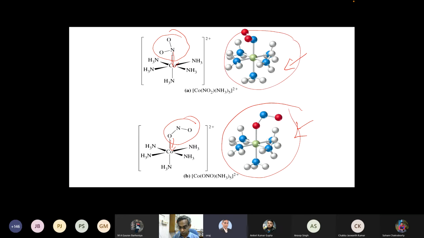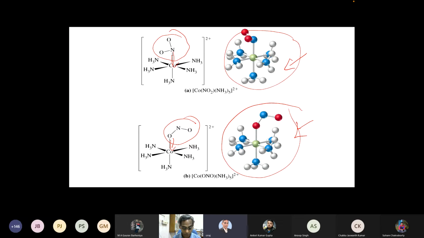This is nothing but isomerism, which you should have studied in classes 11 and 12 in inorganic chemistry, where you came across different types of isomerism.